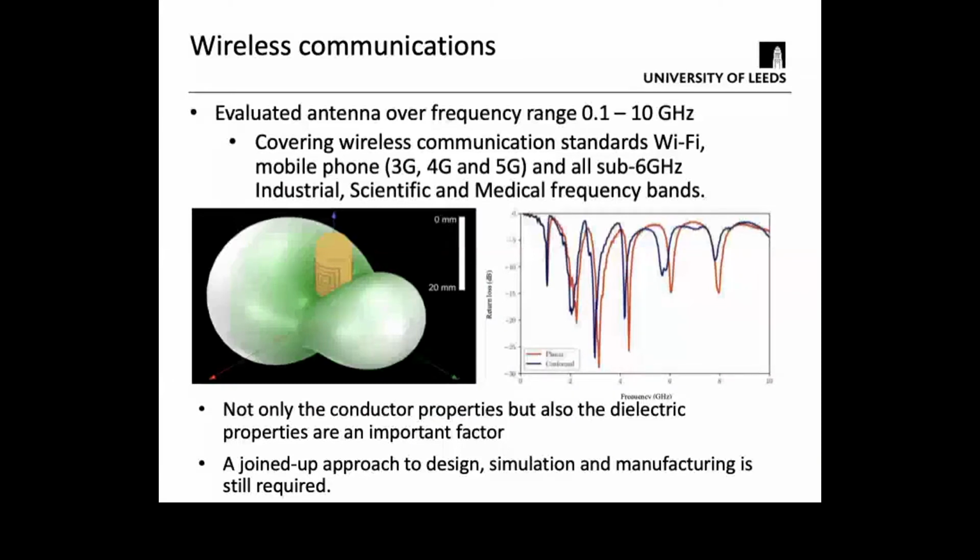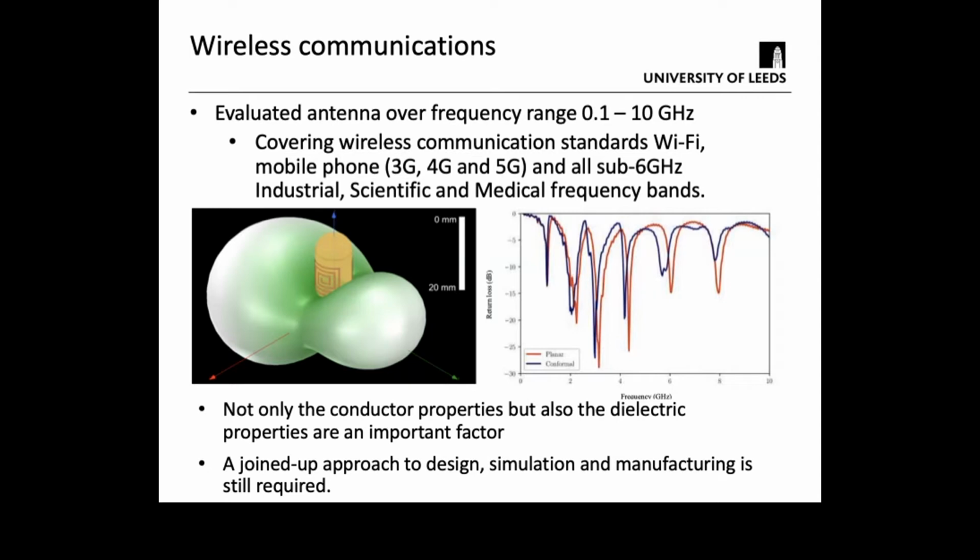We took this pill capsule antenna and we tested it up to 10 gigahertz. And the reason we tested up to 10 gigahertz is we wanted to cover many communication standards that modern electronic devices use. So things like Wi-Fi or the different mobile phone standards such as 3, 4, and 5G, and also the industrial, scientific, and medical frequency bands.